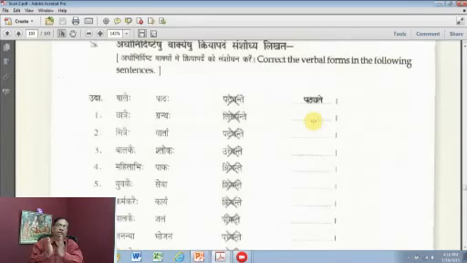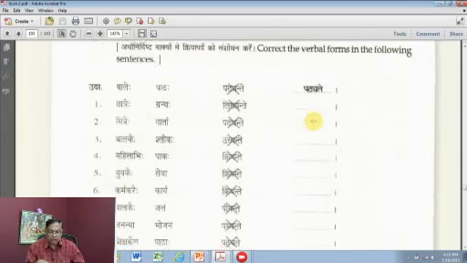Now in this exercise you are only to recall the verb. Everything is given, the first two words are correct, the third one is mistakenly given, so you have to change it. Chhatraihi grantah likhyate, right. 2. Mitraihi varta patyate, very simple.